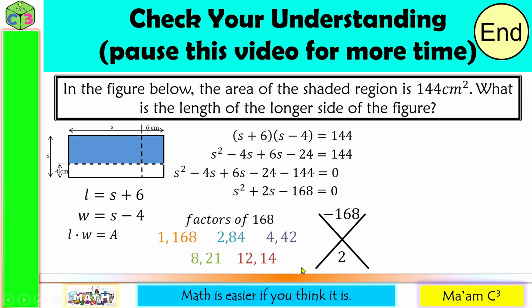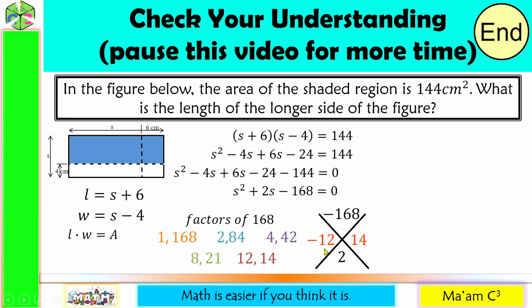That would be 12 and 14. Now, this is negative, so one of these is negative, and this is positive 2. If you want a positive answer, then the smaller number of these two should be negative.